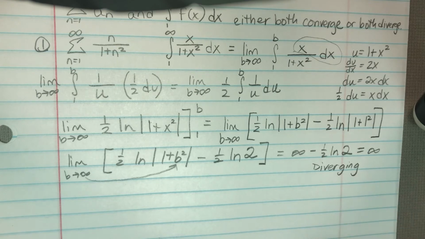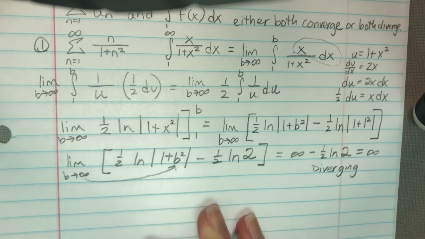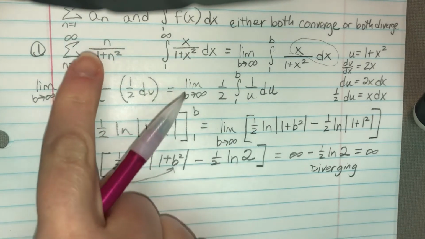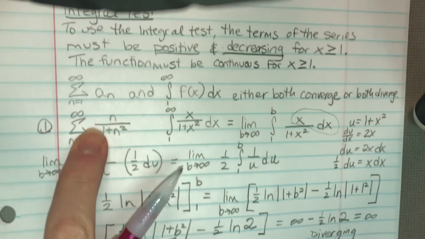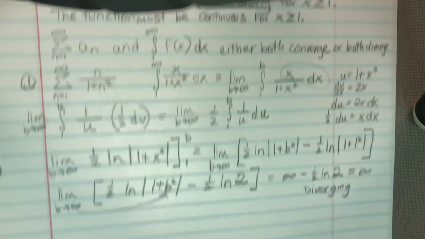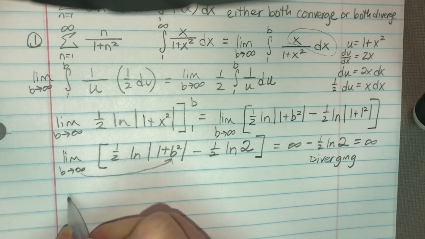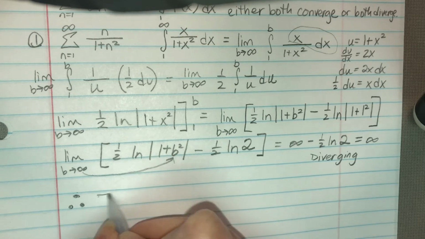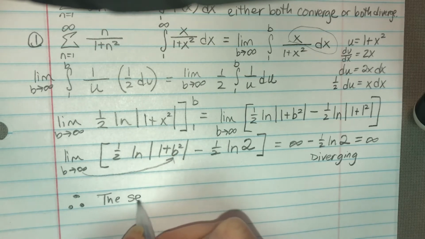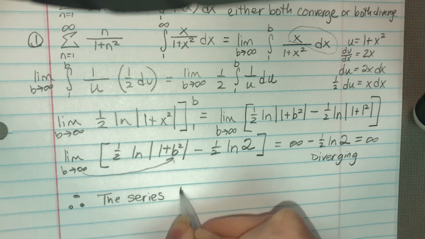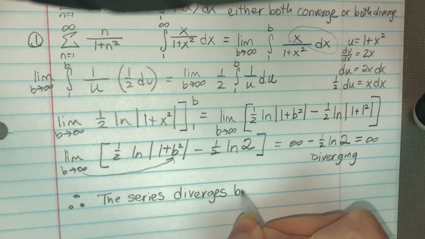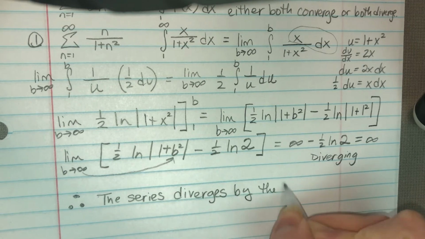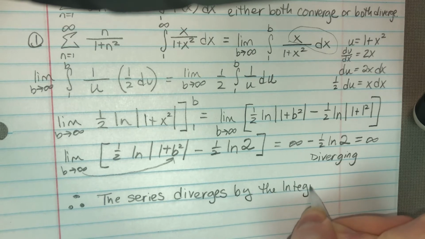And if the improper integral is diverging, then the sum is also diverging by the integral test. So we're going to write, therefore, the series diverges by the integral test.